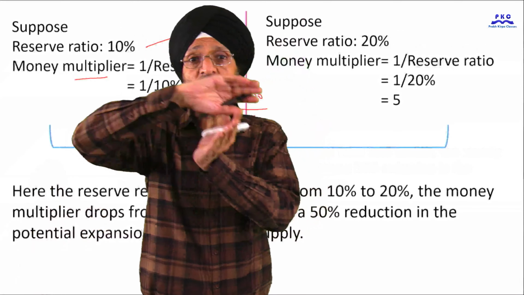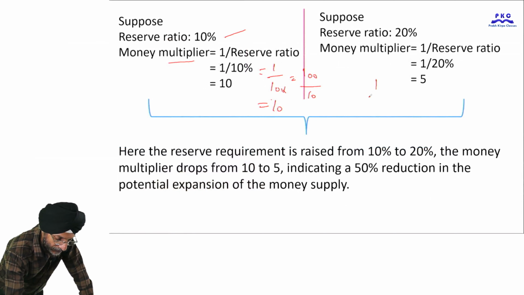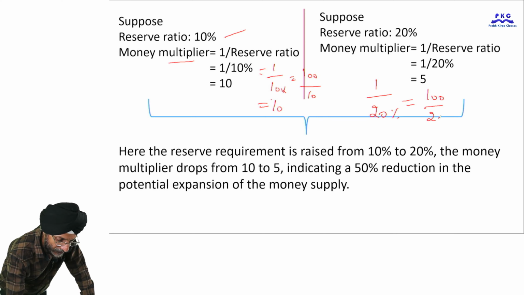Suppose the reserve ratio is increased to 20%. So it becomes 1 over 20%, in other words, 100 over 20, and the answer comes 5.